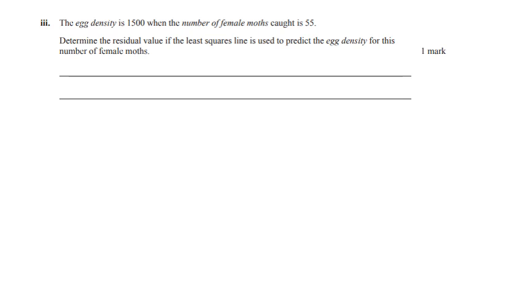Okay, we need to know for residuals, so it says to determine the residual. So we need to know that formula, which is that the residual equals the actual minus predicted.